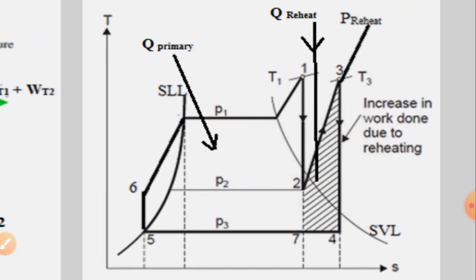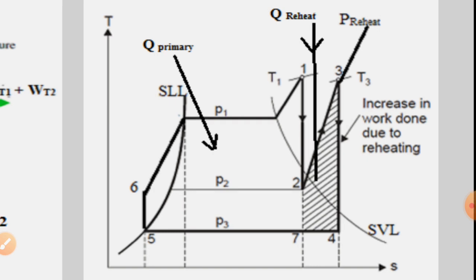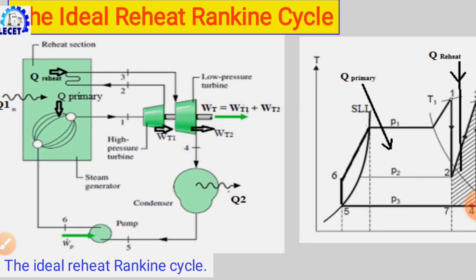Now 2 to 3. Inside the reheater, from 2 to 3, we are adding heat energy. Because of that there is an increase in temperature as well as entropy of the steam.